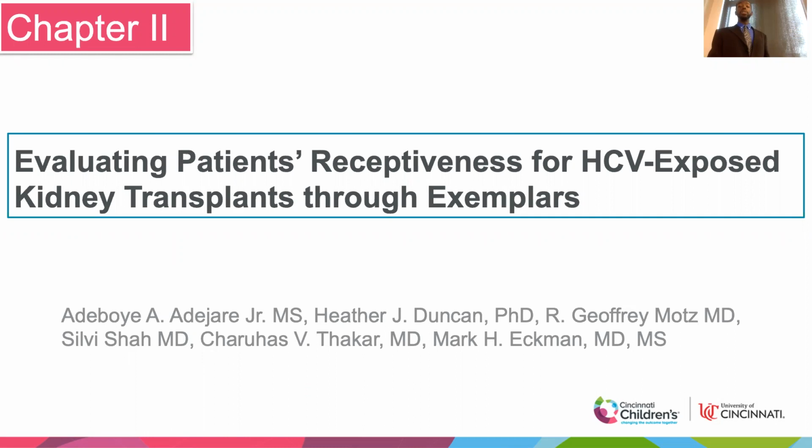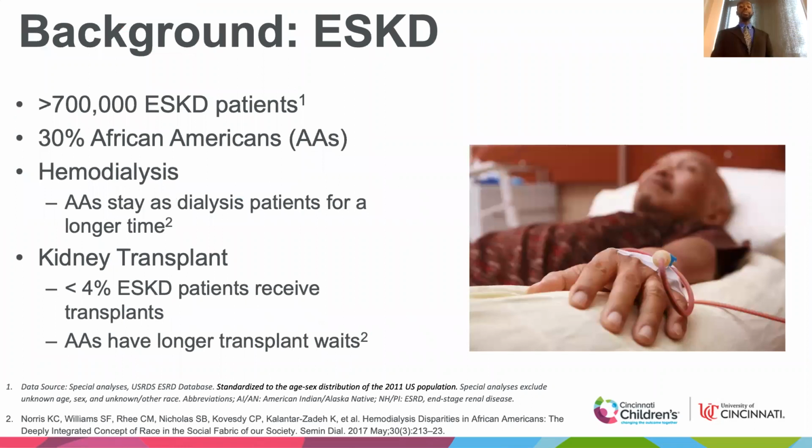And we're going to first talk about end-stage kidney disease. There are over 700,000 end-stage kidney disease patients in the United States, with nearly a third of them being African-American. These patients have to be put on a machine and go through hemodialysis in order to substitute for their failing kidneys.